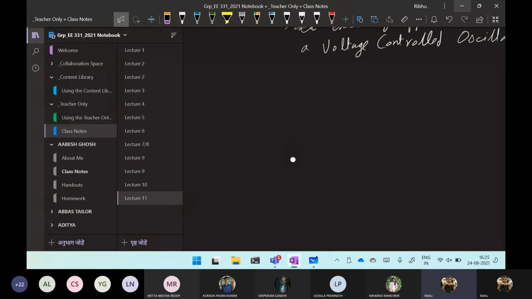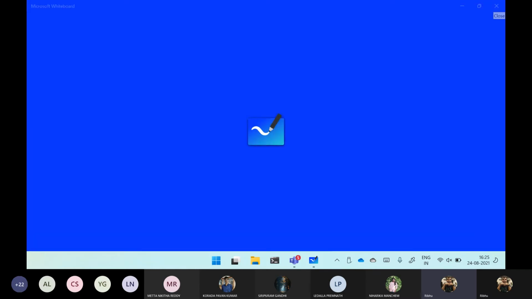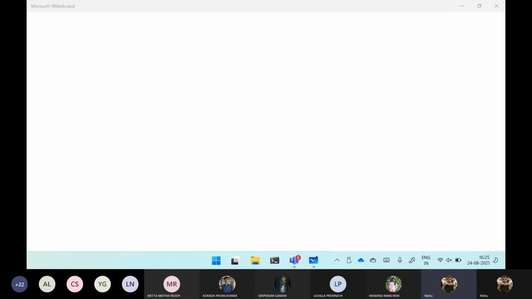I'll close OneNote, save the whiteboard file as an SVG file in the folder, and point it to you. The only problem with whiteboard is that we do not get to export files as easily as in OneNote, but this is less prone to crashes, or less misbehaving. I'll continue where we left off.